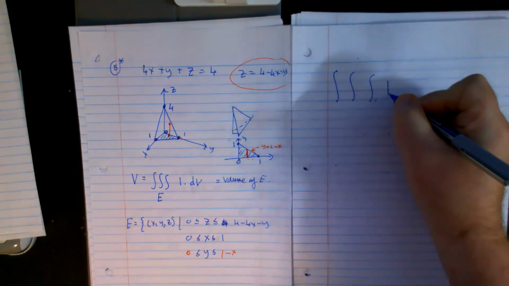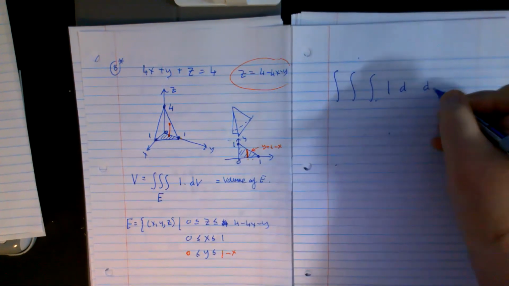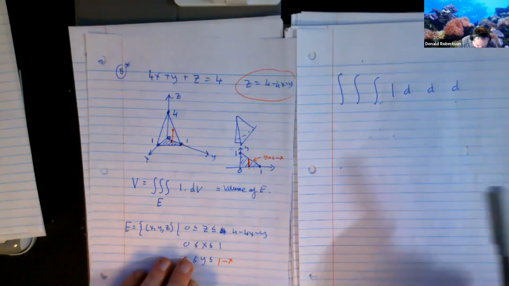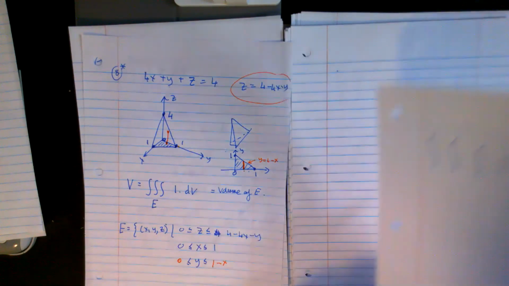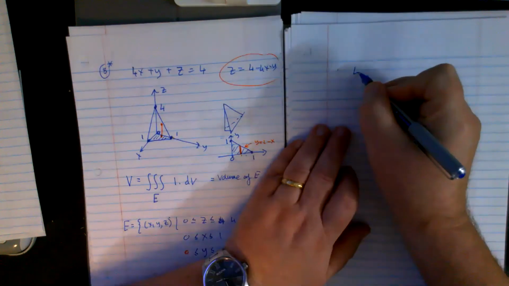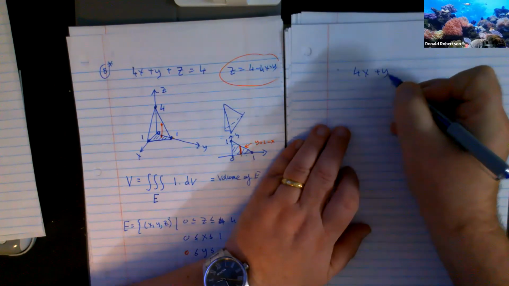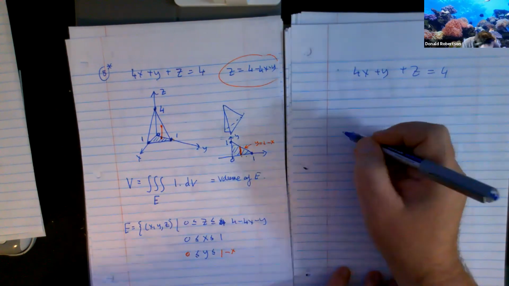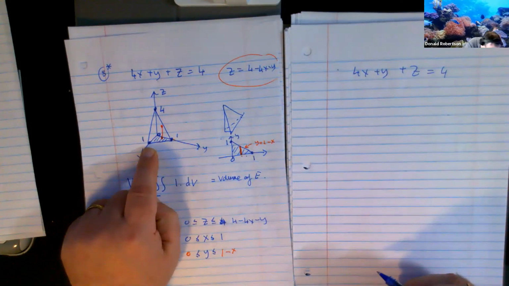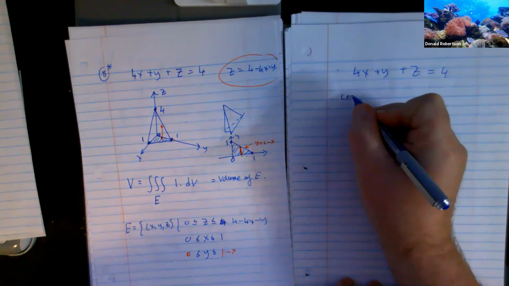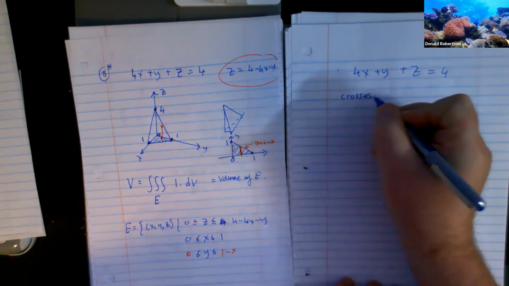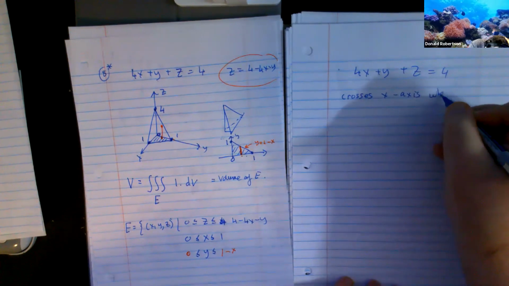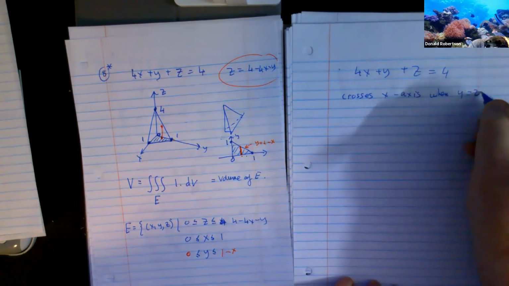How did you get the base of 1, 1 for the X and the Y though? Oh, with the 4. If you take 4x plus y plus z equals 4, and you wanted to know, for instance, where it crosses the x-axis, it crosses the x-axis when y and z are both zeros.